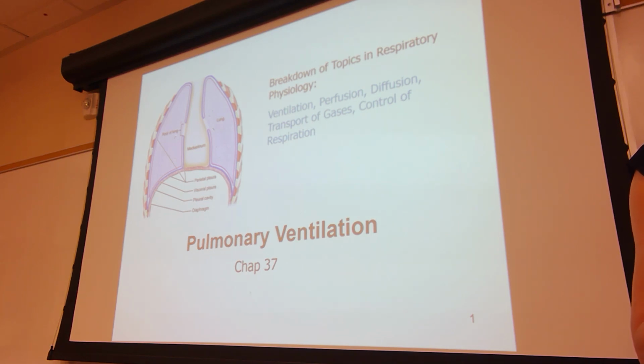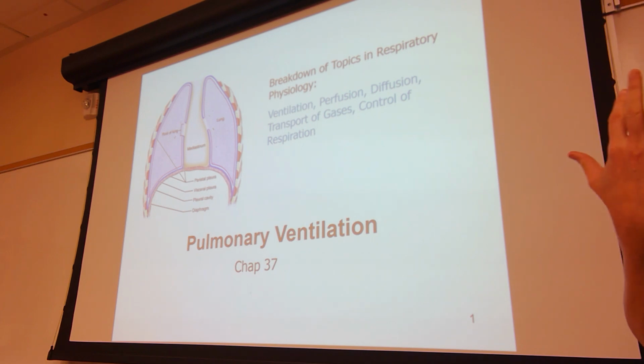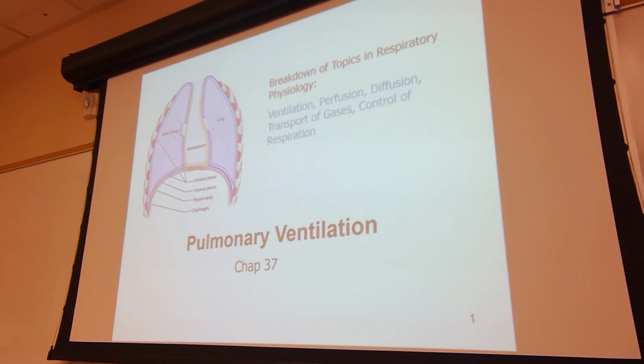Not the easiest way. We use negative pressure breathing. So in order to appreciate pressure changes leading to volume changes and the reverse, I need to at least remind you of the anatomy of the lungs and the musculature involved with the respiratory system.